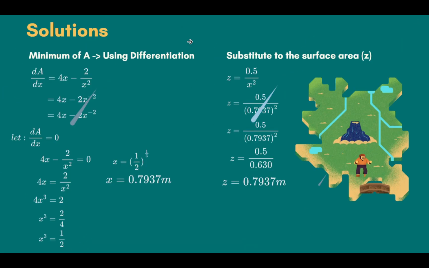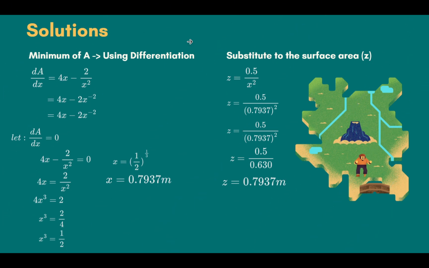Then we substitute the height into the surface area formula, and after that we minimize A using differentiation, which means differentiating area with respect to x. Then we find the critical points, and after that we can find our x value.